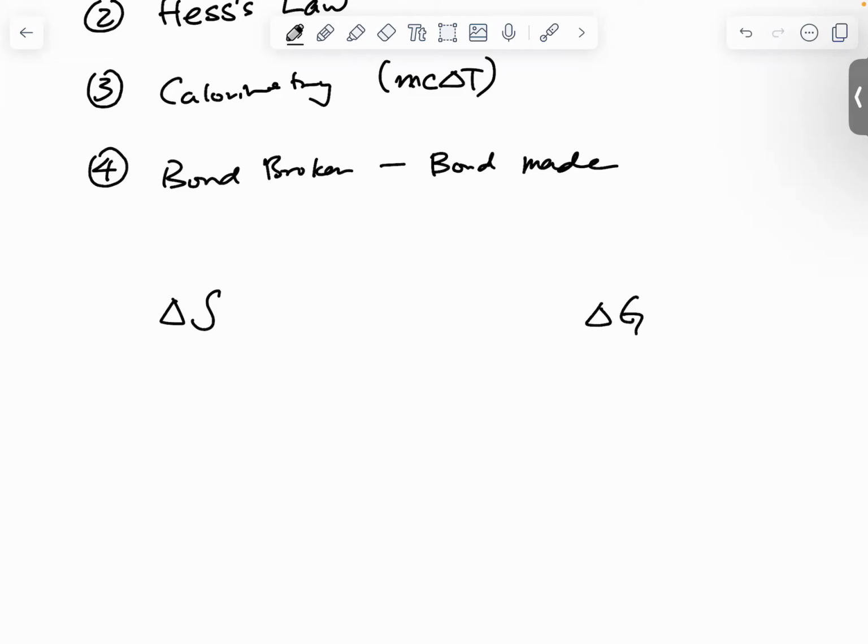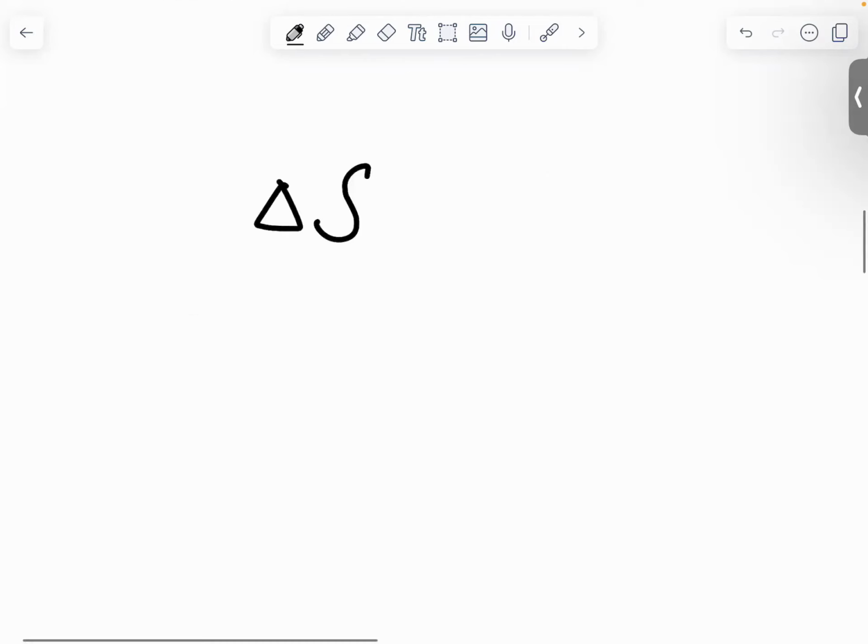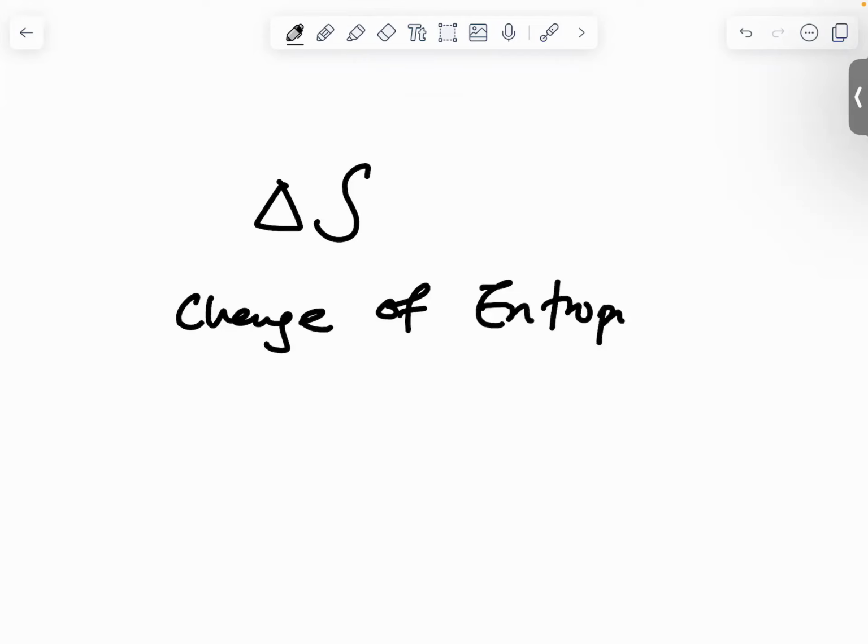As we talk about delta H, we never talk about H. There's no such thing as just the H. However, this is the change of entropy, and we do have something called S.